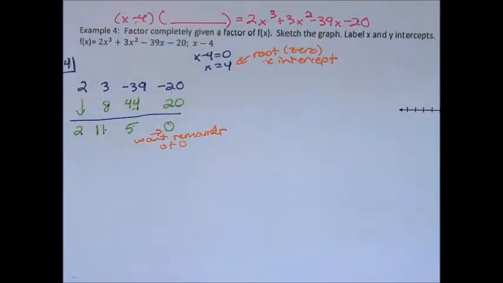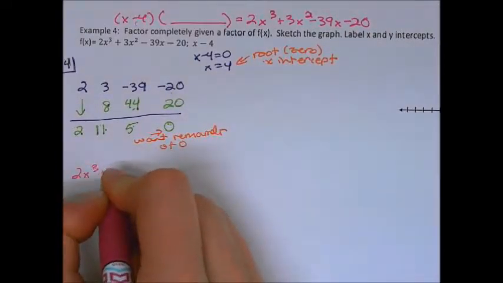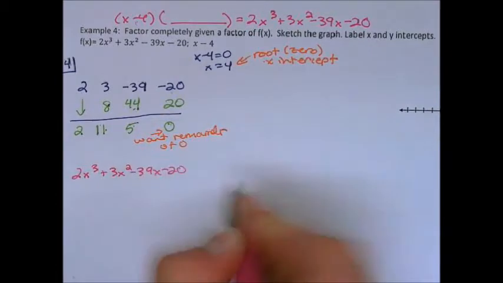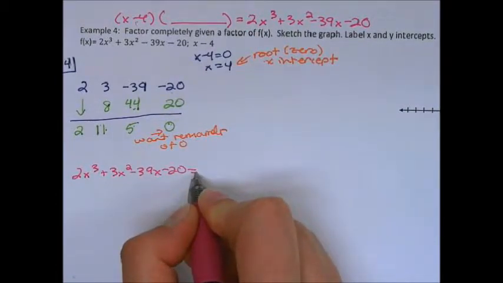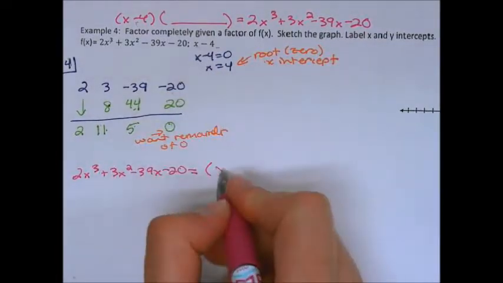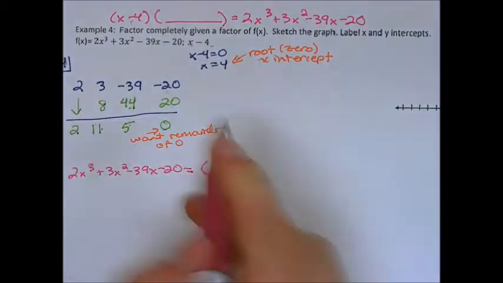So what this tells me is 2x to the 3rd plus 3x squared minus 39x minus 20 equals, what was our original factor? x minus 4 times c.